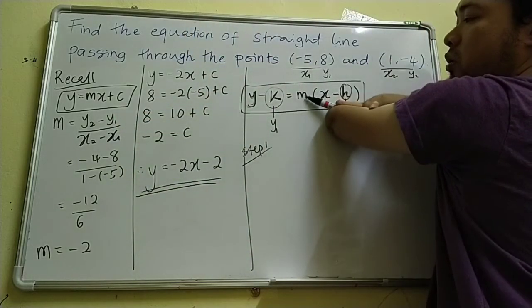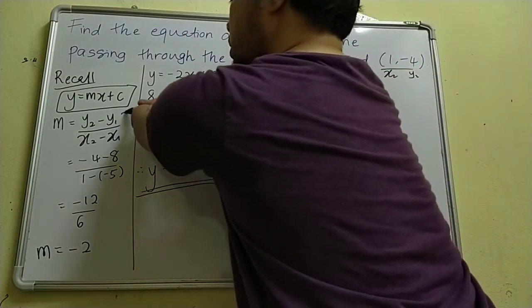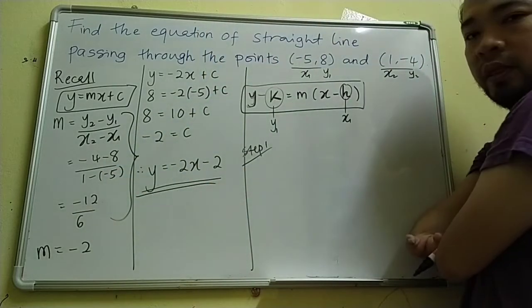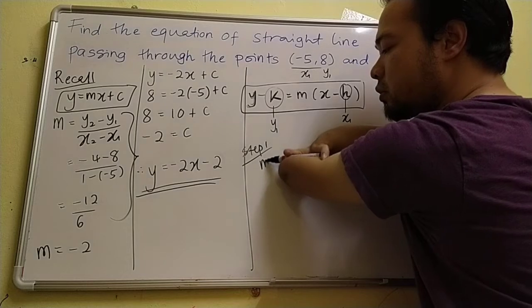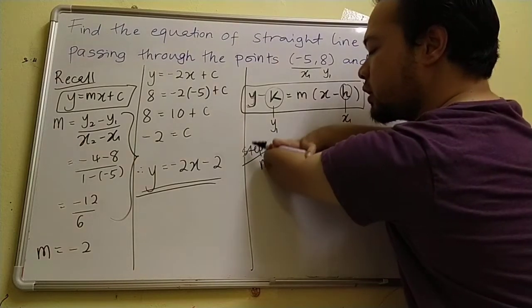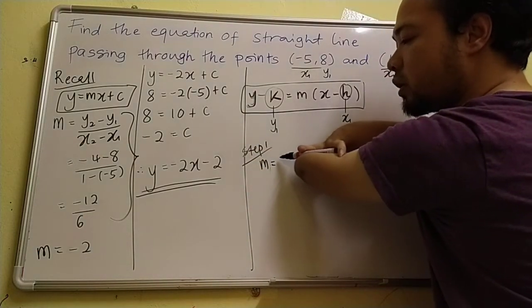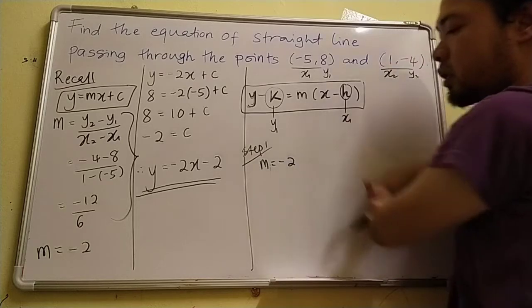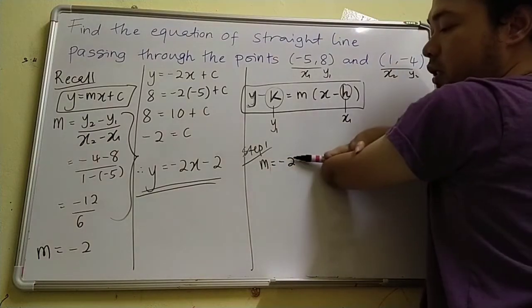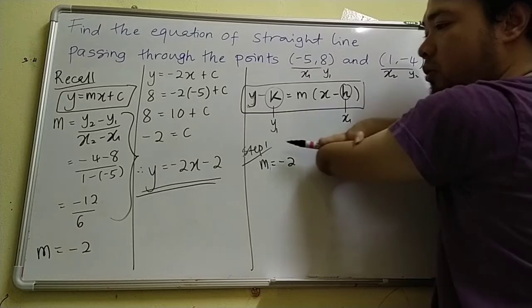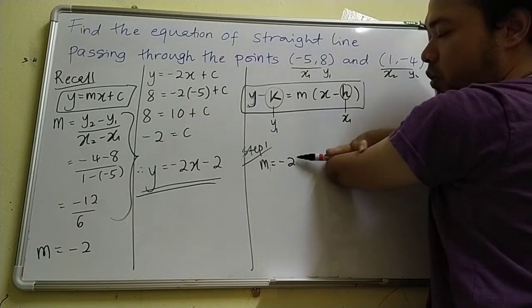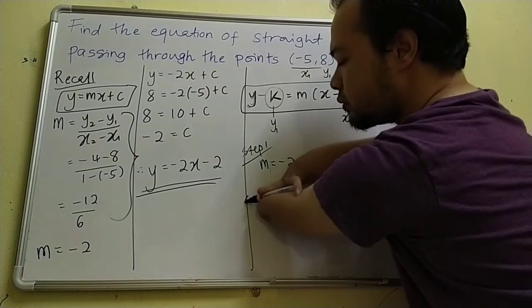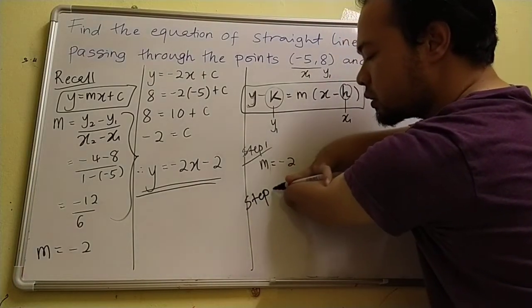I just take the value of the gradient from there. We already know our gradient is equal to negative 2. The working is exactly the same. This is step number 1. Step number 2.